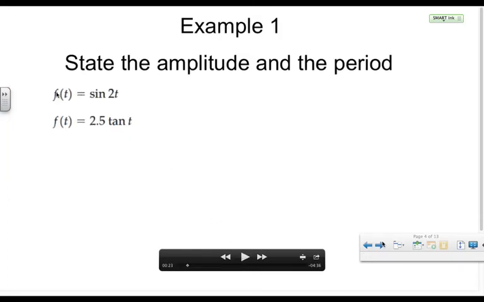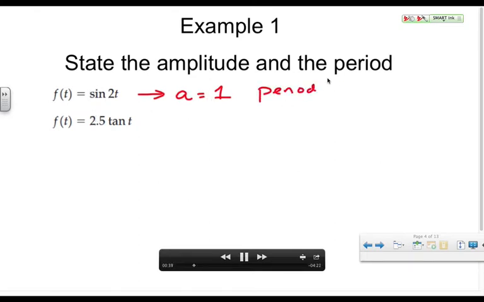So let's look at example 1. We have sine of 2t and 2.5 tangent t, and it wants the amplitude and the period. For the first function, the amplitude is 1 because the number in front is 1. The absolute value of 1 is 1.